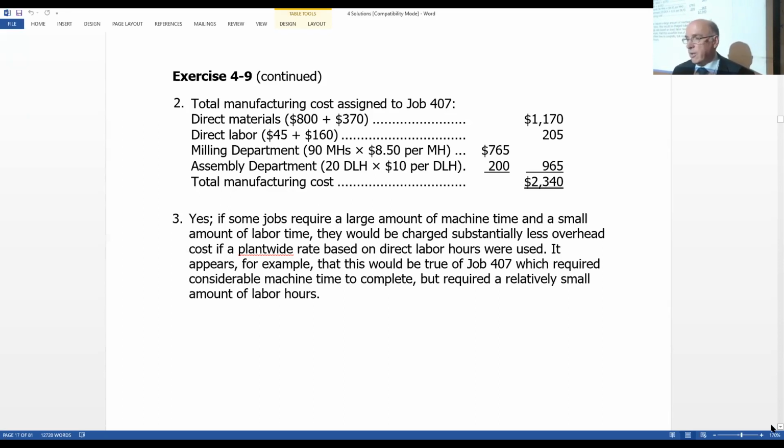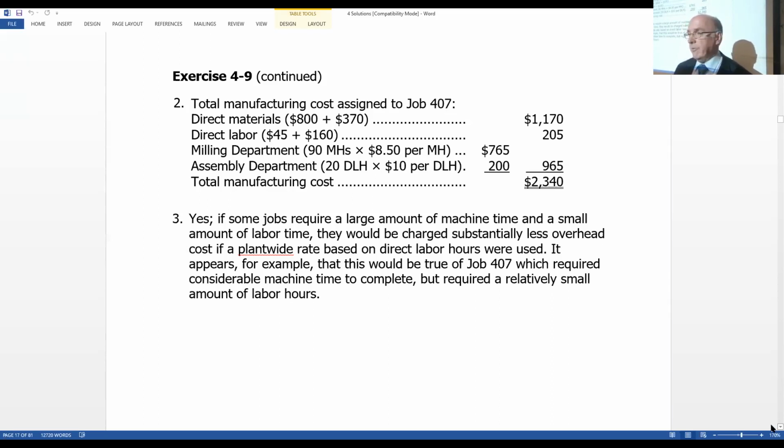Then it would be off, right? Depending on whether that particular product used a lot of machines or a lot of people, it could be either too high or too low. If you had one predetermined overhead rate, half your jobs would be overestimated and half would be under, maybe. The reason I say maybe is because it's not clear cut. It depends on the facts.